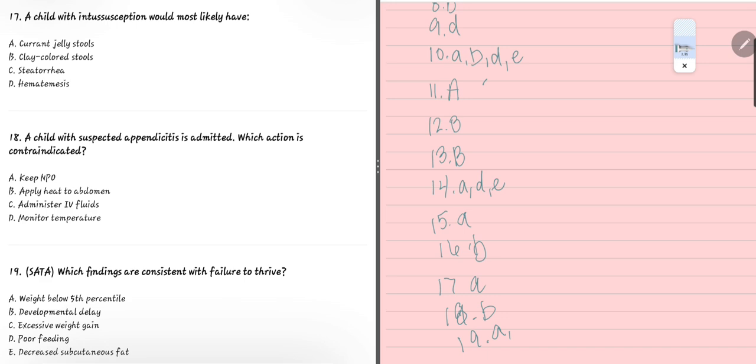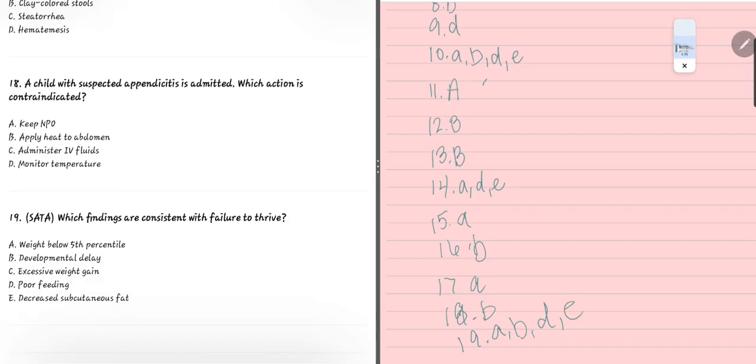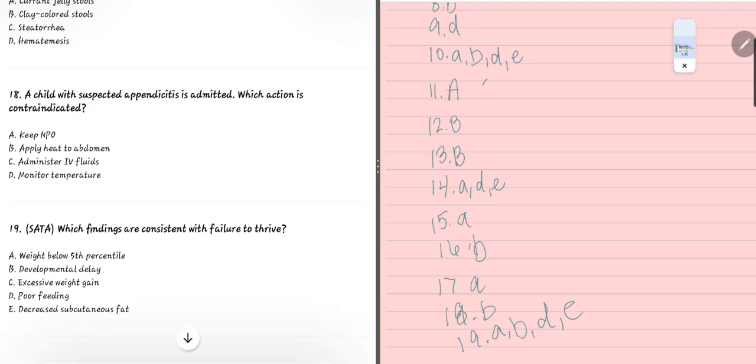Or is that something that can happen from it? I'm going to say B. Okay, C is not right. D is yes. E is yeah. Okay. Oh, that's all of them.